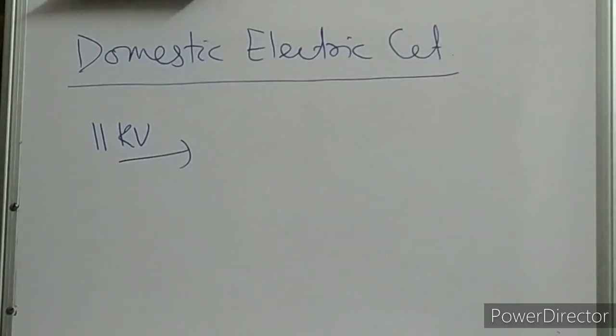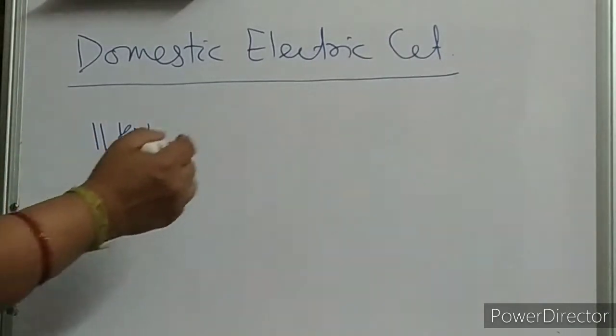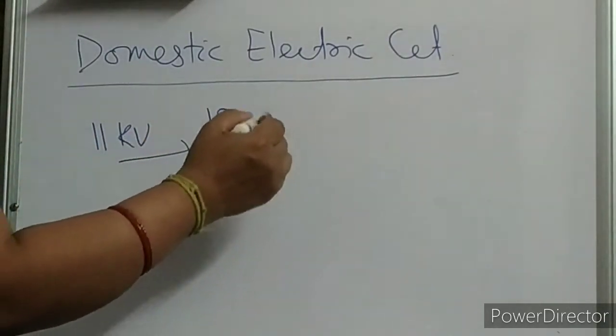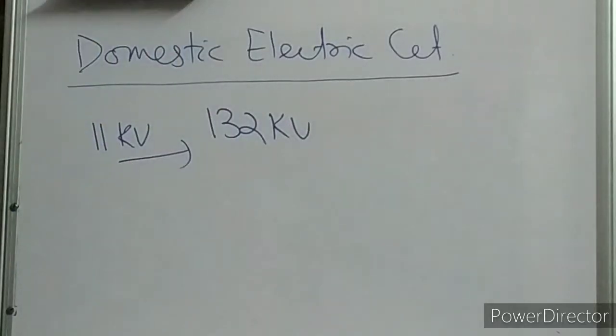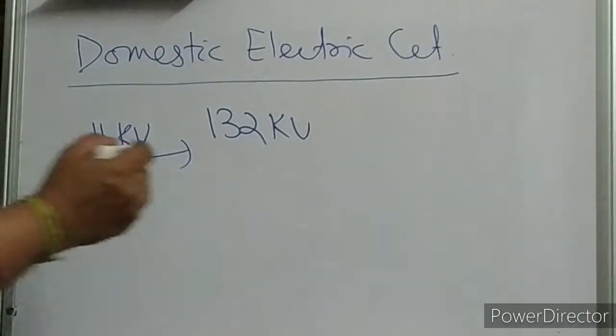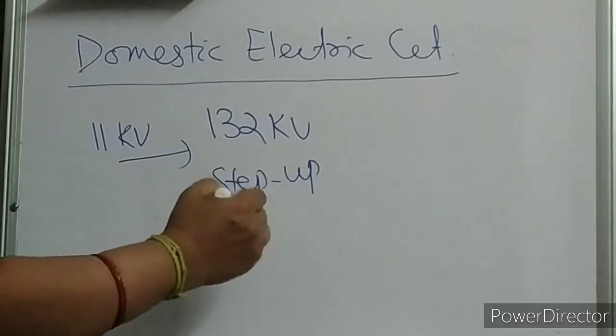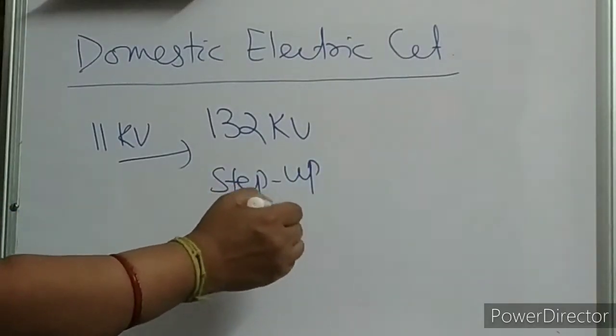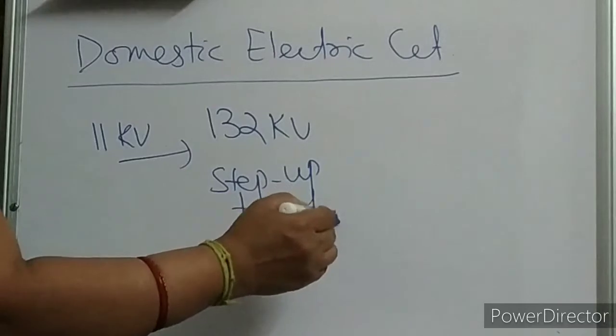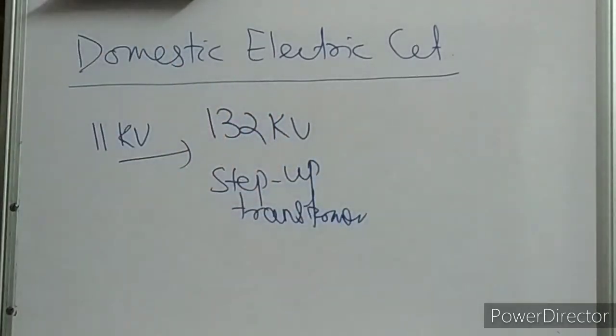Here at the grid substation, we will step up. Since it is 11 kilovolt, we will step up to 132 kilovolt using a step up transformer. This thing you will study in class 12th. It is very easy, and the principle is based on mutual induction.